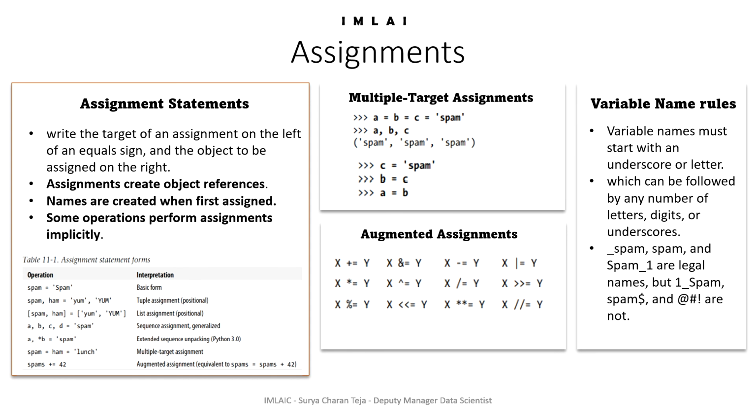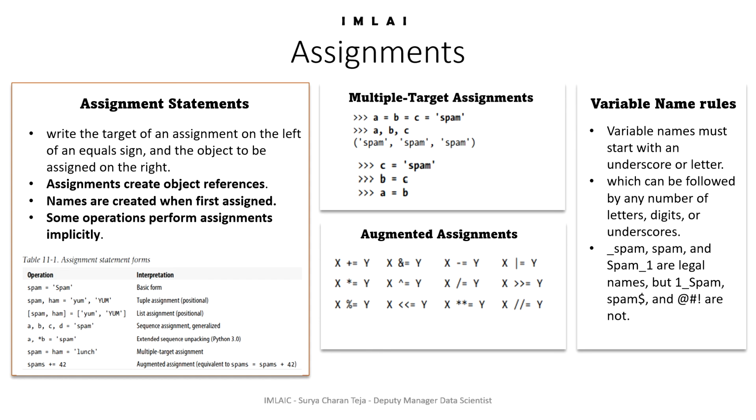Here Python pairs objects on the right side with targets on the left by position and assigns them from left to right. This is very important. The next form is sequence assignment. In this, any sequence of names can be assigned to any sequence of values, and Python assigns the items one at a time by position.